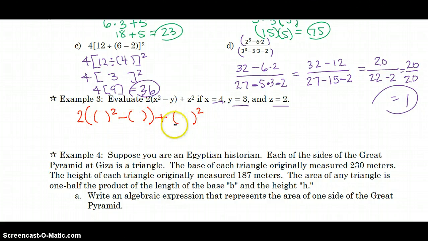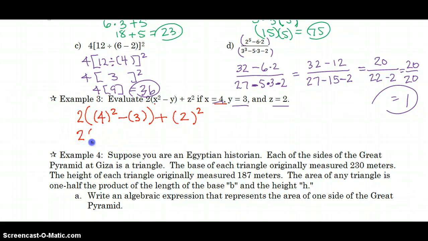So notice how I left every variable a set of parentheses. What was x? X was 4. What is y? Y is 3. What is z? Z is 2. So now this problem looks just like the examples we were working before.